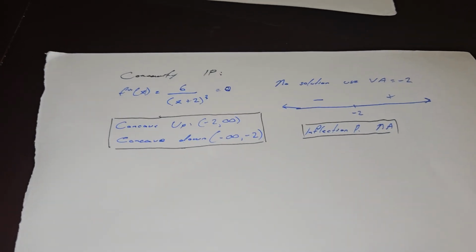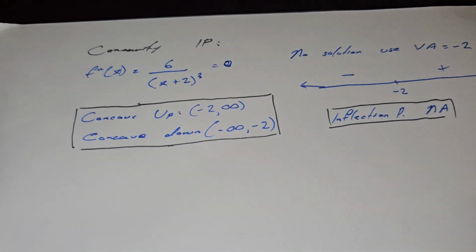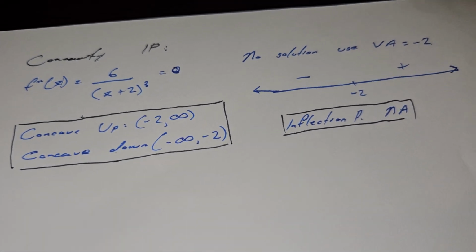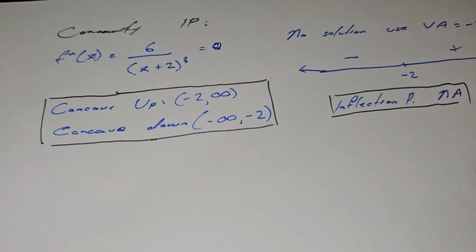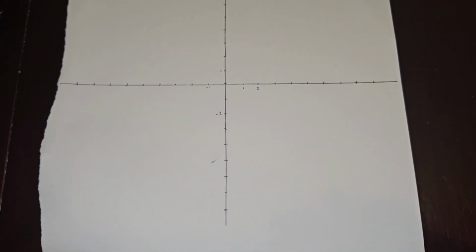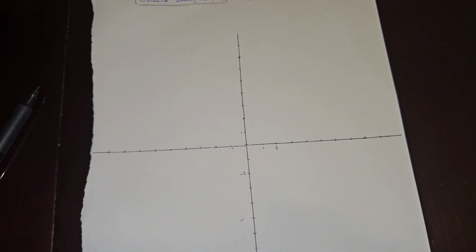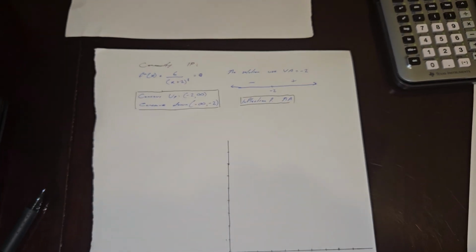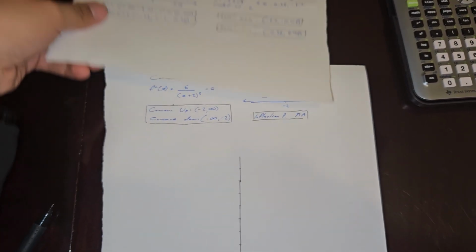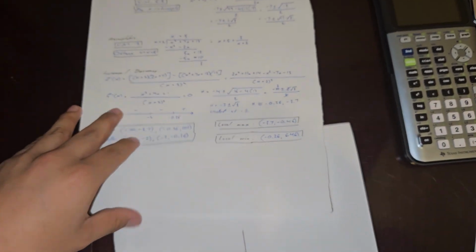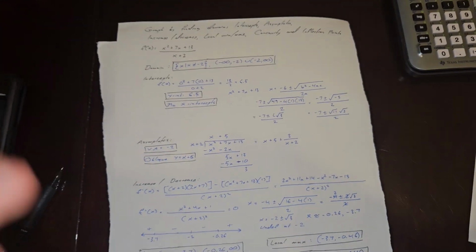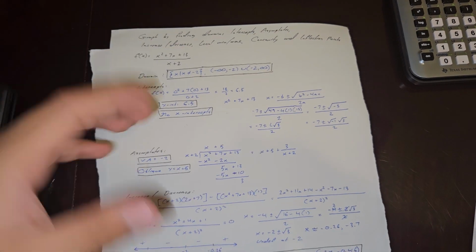All right, now we can finally graph our function. We can sketch it, so let's do that right now. I just drew a Cartesian plane. We are going to sketch our curve using the information we calculated from everything this problem was asking for.